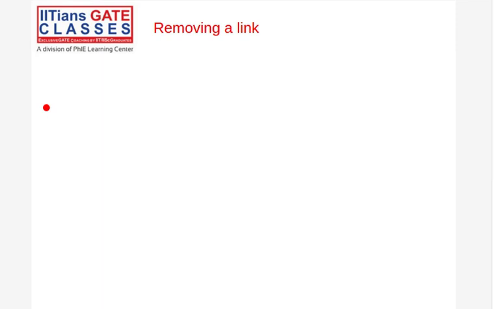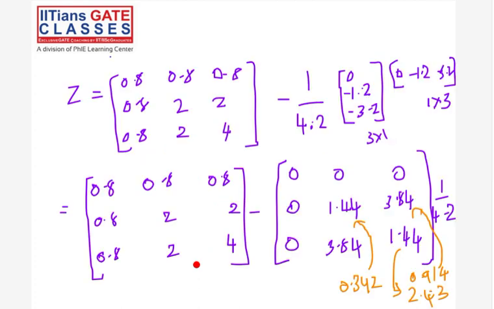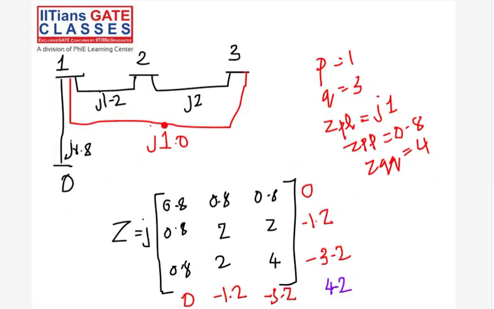In this given scenario, you can remove any of these 3 lines, because even if you remove any line, there is one connection to all the buses. Suppose you remove this, then you cannot remove this line or this line, because then it will create an island. Clear?